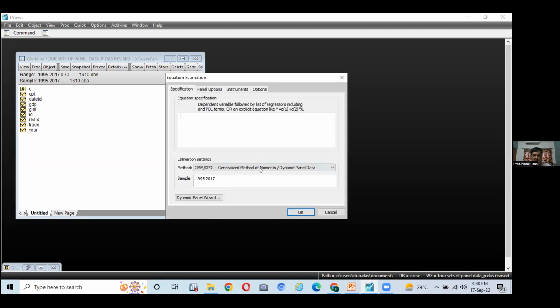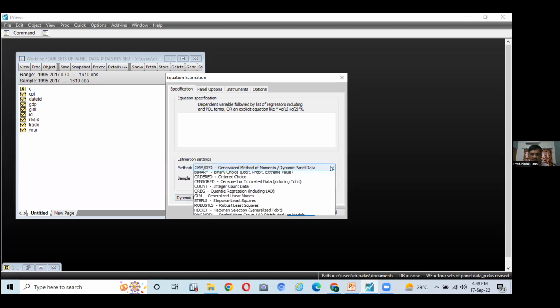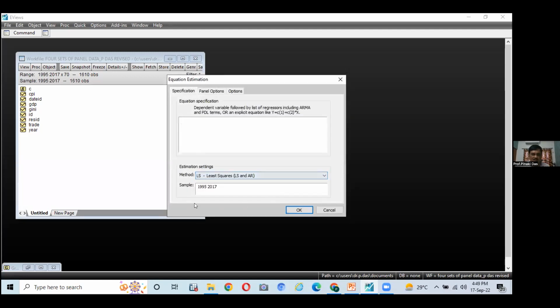When we select GMM, which is fit for the estimation of the dynamic panel data regression model, the Dynamic Panel Wizard option is available at the bottom of this dialog box. If we select the usual method, then this wizard is not visible.